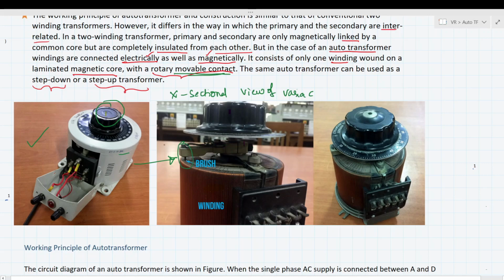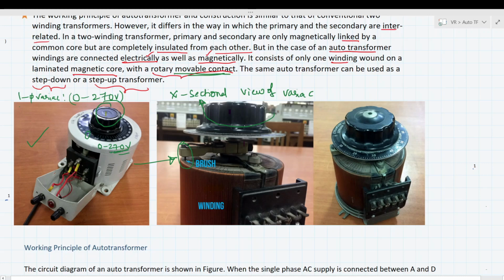This is the movable contact I am talking about. By rotating this knob clockwise, you can see readings on the knob from 0 to 270 volts. This single phase variac is used to change the voltage from 0 to any value up to 270 volts.